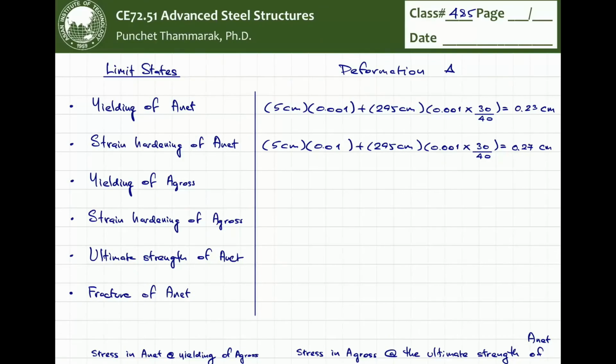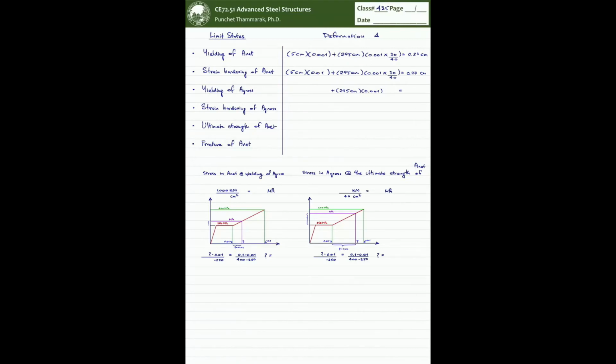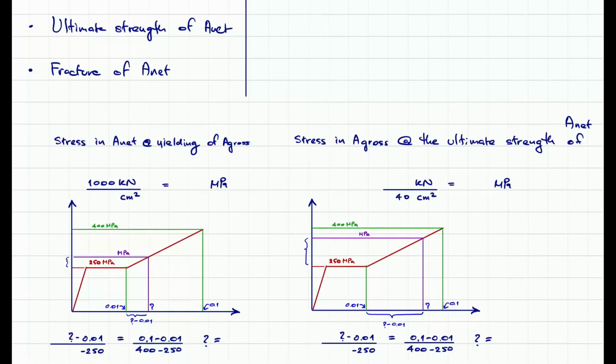At the yielding of A gross, this part is gonna be easy. 0.001. That's it. And how about this point here? Yielding of A gross is 1000. This is 30 square centimeters, so you get 333.3.